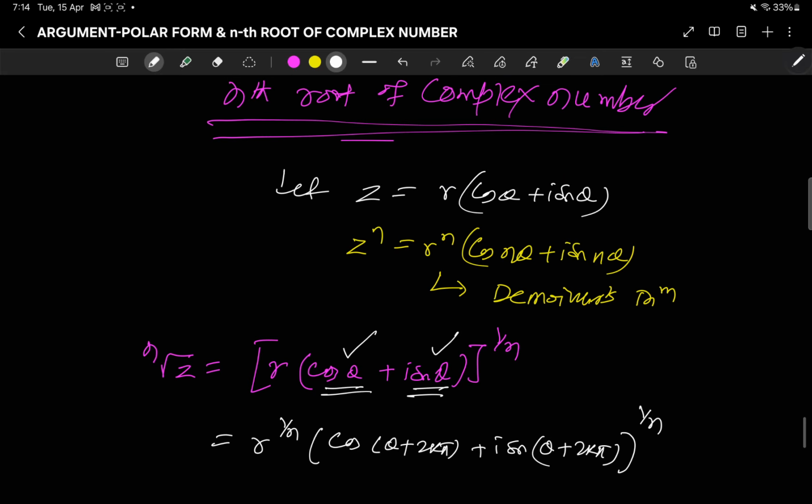Now z to the power n is this to the power n, with z simply r cos theta plus I sin theta.